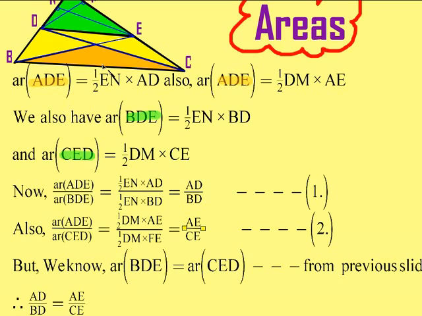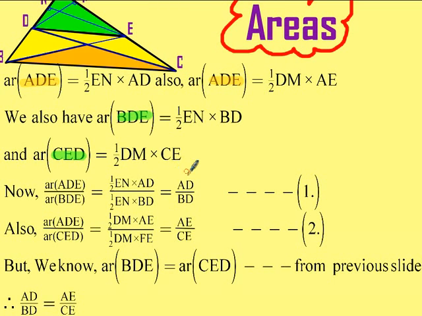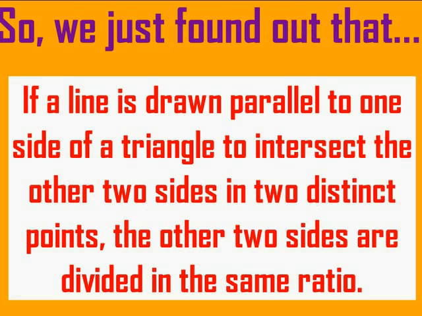Now, if the area of ADE is equal to the area of ADE, and the area of BDE is equal to the area of CED, that means these two ratios should be equal also, and so we get AD upon BD is equal to AE upon CE.